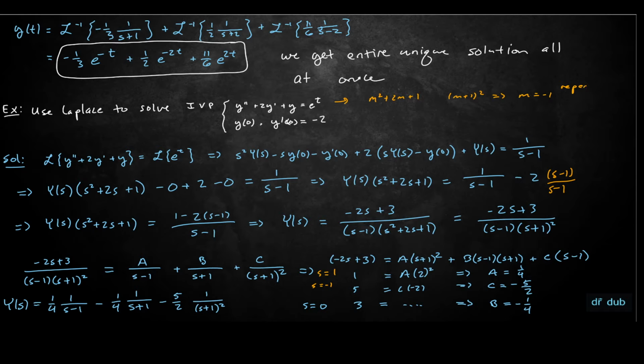So that's why we have c1 e to the negative t plus c2 t e to the negative t, and our yp would be a e to the t. So that's what we would have done for chapter 4. So that's why that extra t is there, because it's actually from our repeated root from our characteristic equation.